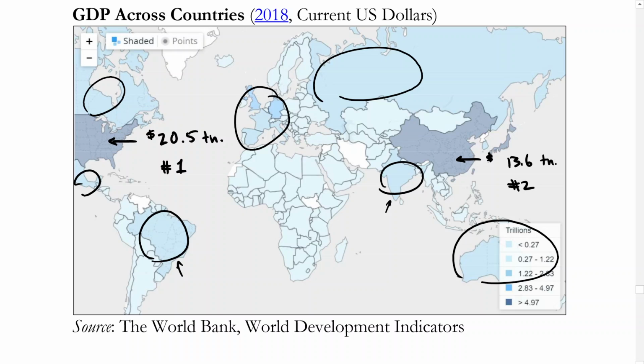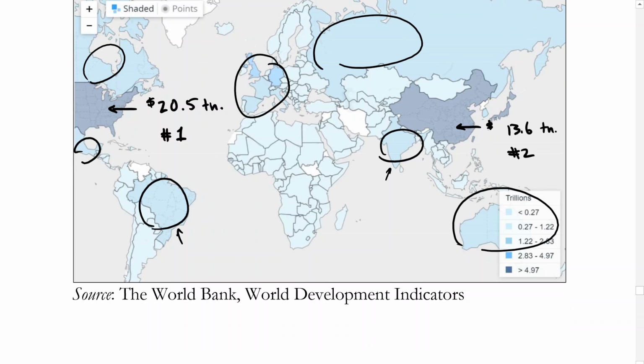The reason is they have large populations, and if you have a lot of people, then you need a lot of production. You have a lot of labor, and so just by the nature of having a very large population, you're going to have large GDP. And in fact, that is why China has the number 2 largest economy. They also happen to have the largest population in the world.